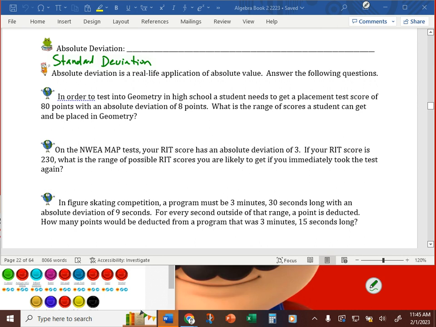An acceptable range above or below a desired amount, we'll call it. Acceptable range above or below a desired amount.